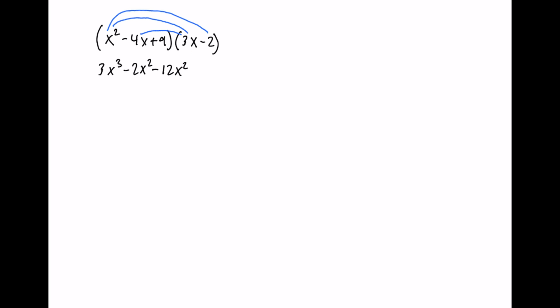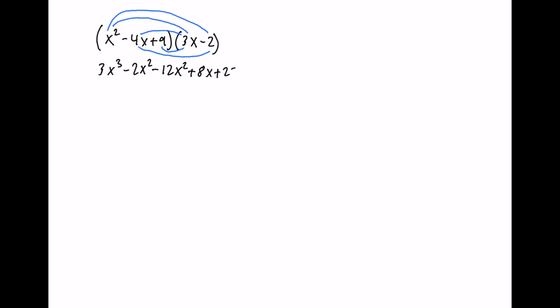Then, negative 4x times negative 2. So that will give us, negative times a negative is a positive, 4 times 2 is 8x. Then we have the last term, 9, times the first term, 3x. 9 times 3 is 27.